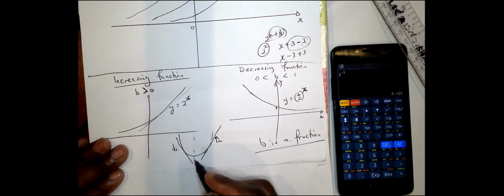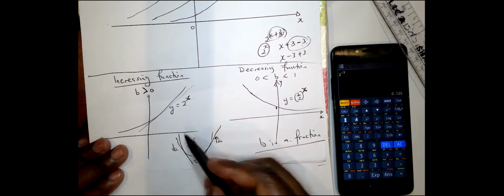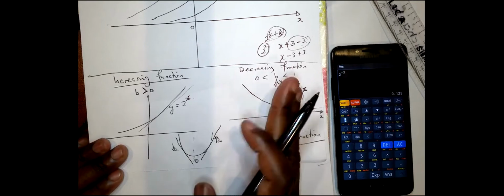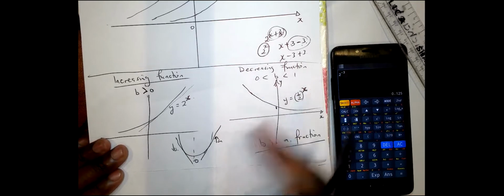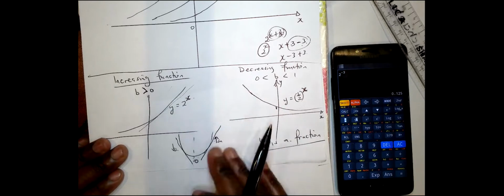The turning point gradient is equal to 0. So from 0, we have increasing values, where the gradient is positive. In this case here, the gradient is negative. That's what you must always remember when you're talking of increasing and decreasing. What causes our function to be decreasing is when b is a fraction, when b is between 0 and 1.